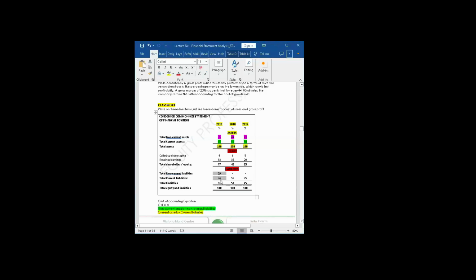non-current liabilities. So it means that they have moved from more of external financing to what? To a balance of internal and what? And external financing. So the total liability became 53%, and the equity is now what? 47%.